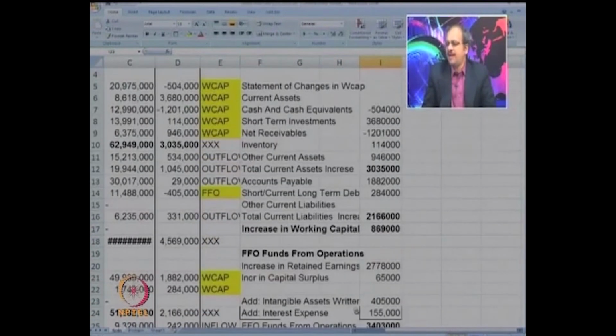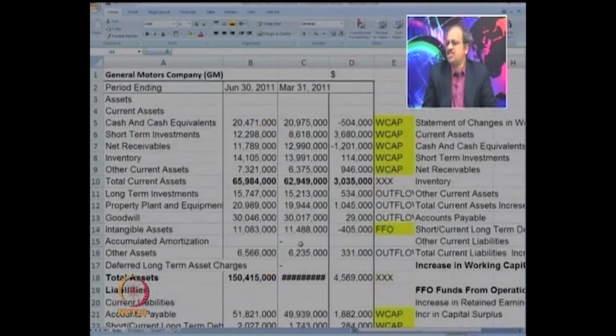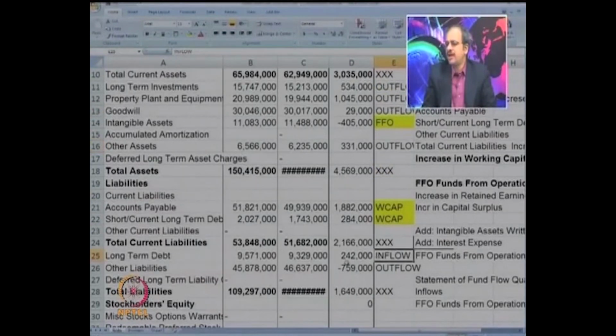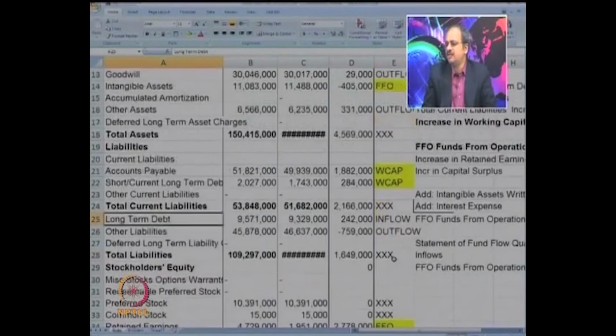Now look at the items which are given in the balance sheet and which are still unrecorded. So we see all these outflows. There is one item, long-term debt. There is an inflow.